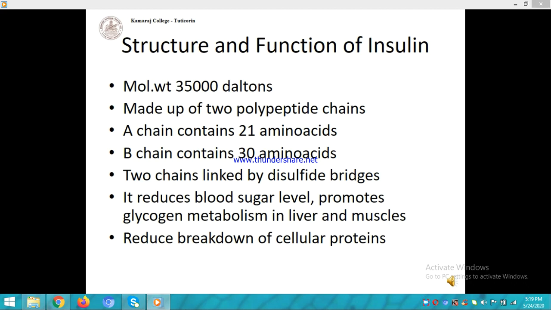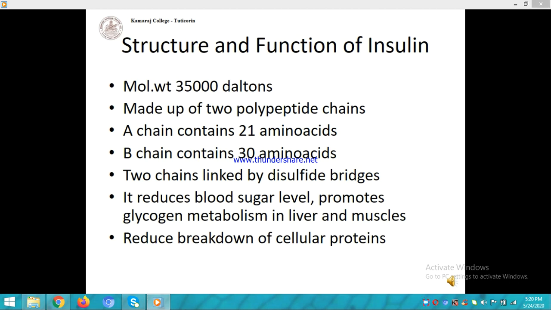The molecular weight of insulin is about 35,000 daltons, and it is made of two polypeptide chains. The A chain contains 21 amino acids and the B chain contains 30 amino acids. These two chains are linked by disulfide bridges.